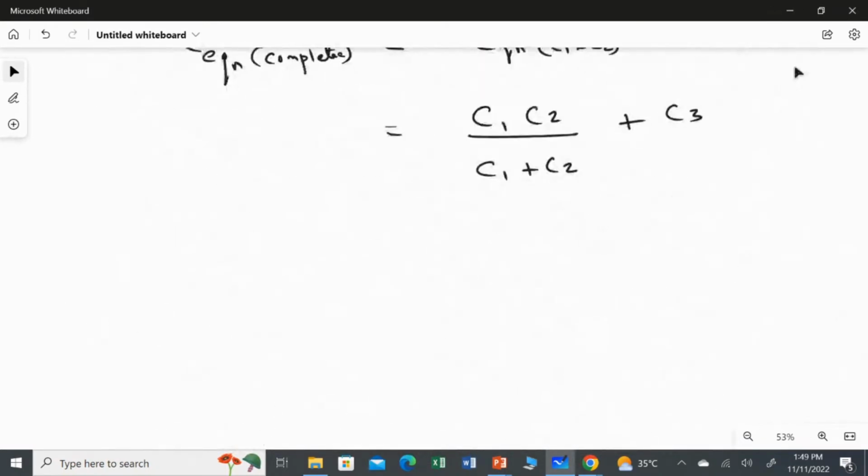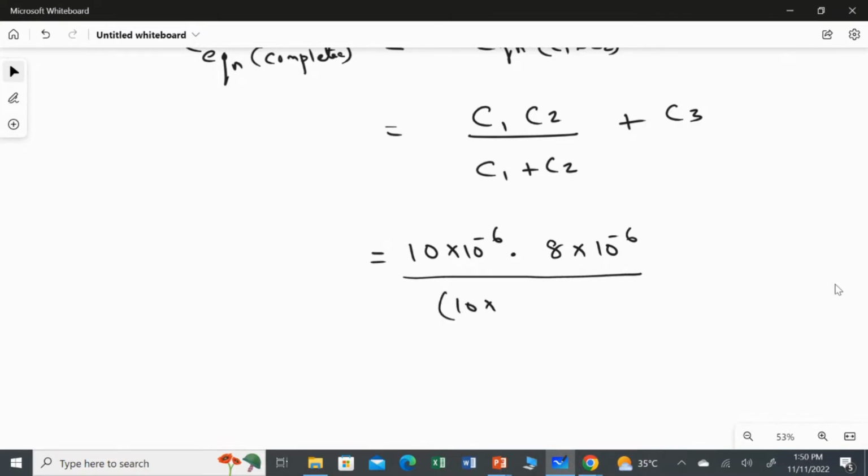So substituting in this equation: 10 multiplied by 10 power minus 6 multiplied by C2, which is 8 multiplied by 10 power minus 6, divided by 10 multiplied by 10 power minus 6 plus 8 multiplied by 10 power minus 6, plus our third capacitor, 4 microfarad, so 4 multiplied by 10 power minus 6.